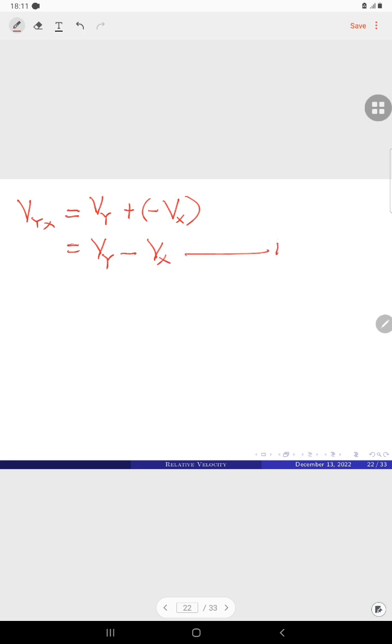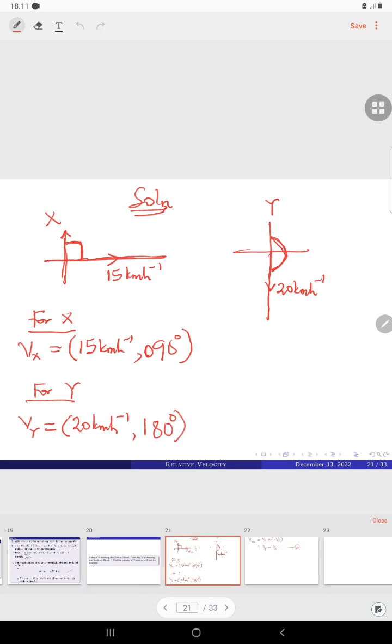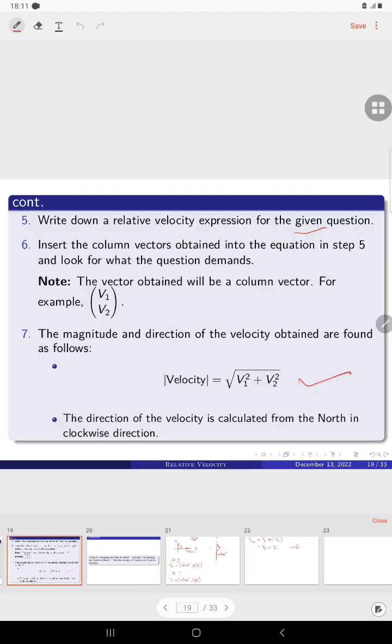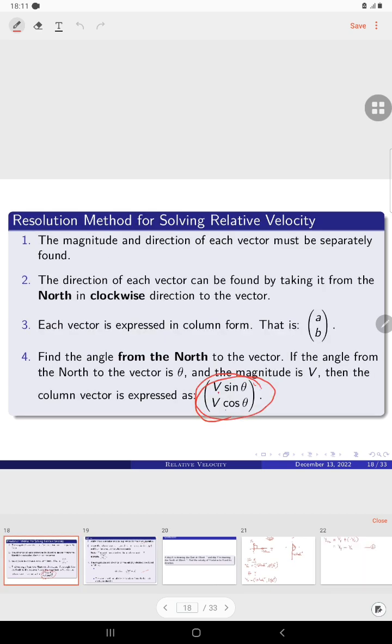Let's call this equation 1. We are not going to do any simultaneous equation, just for reference purposes. So where are your Vy's and where are your Vx? They are here. So we are going to express them in column form.